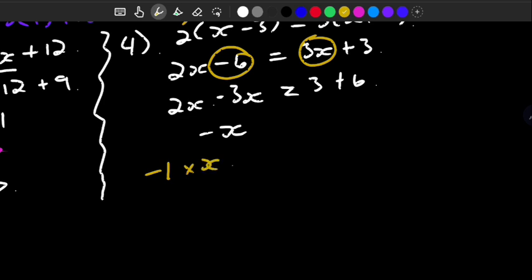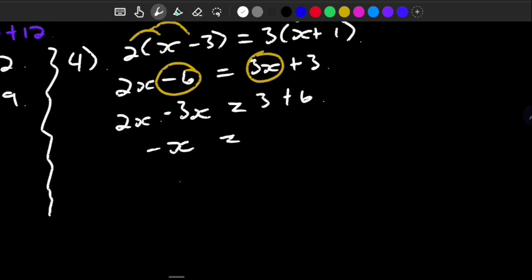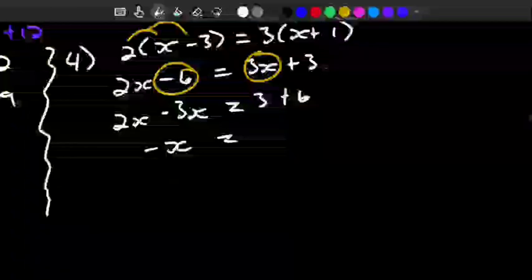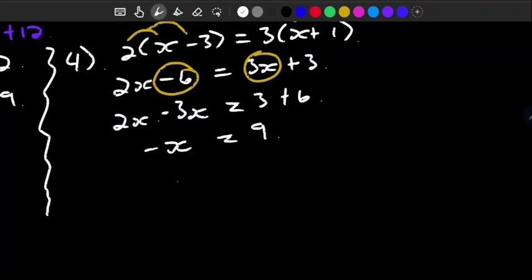But if there's 1, you don't need to add 1. The same way, if you just have x, it's the same as 1 multiplied by x. So in the case of negative 1 multiplied by x, all we do is say negative x, right? Then is equal to 3 plus 6, sorry. 3 plus 6 gives us 9, right?